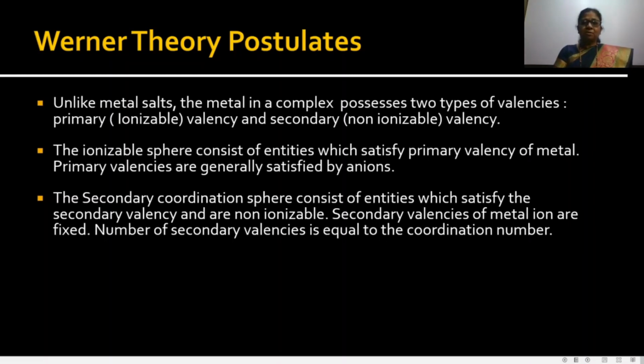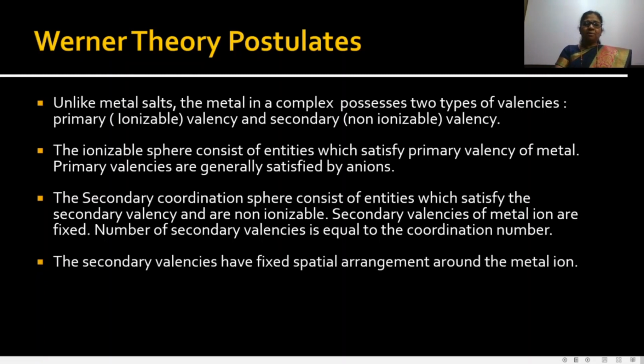There are two spheres, primary sphere and secondary sphere, also called primary valency and secondary valency. The primary valency is ionizable and the secondary valency is non-ionizable. The secondary valency of a metal ion is fixed and equal to the coordination number.